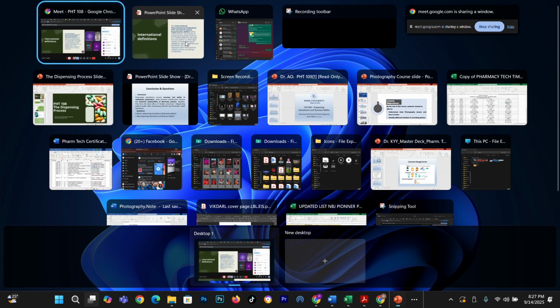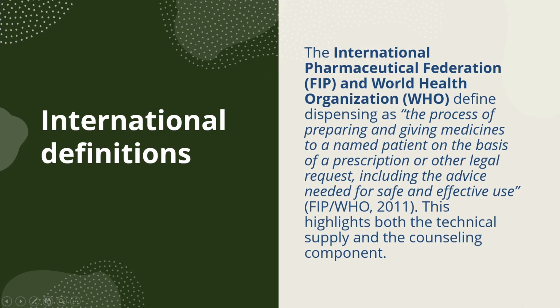On the basis that she has gotten a prescription from a doctor, either in a hospital or in a pharmacy, ensuring that it is a legal request, but more importantly, you're providing the needed advice for her safety and effective use of that medicine. So that's how WHO looks at dispensing. So let's see another definition for dispensing. Please, next slide.